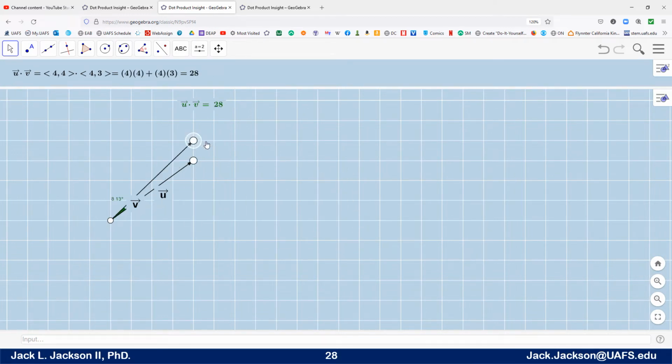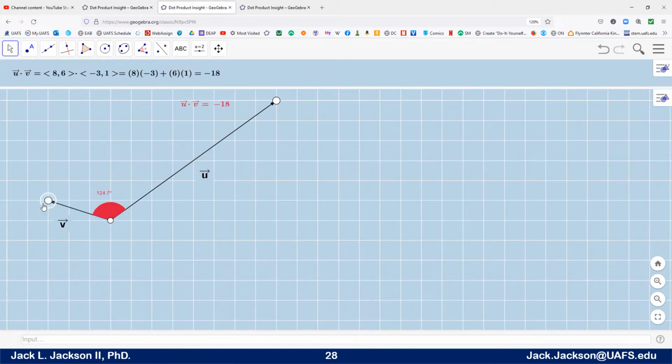And let's do this one. Let's go another 4 right and up 3 more. Okay, so that one's twice as long, right? So that one is magnitude 10. And look how big the product is. It's the product of those two magnitudes.